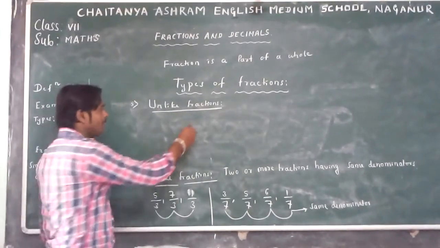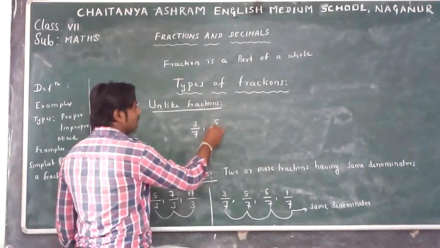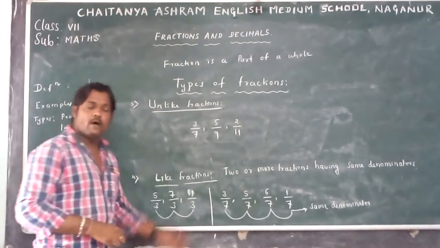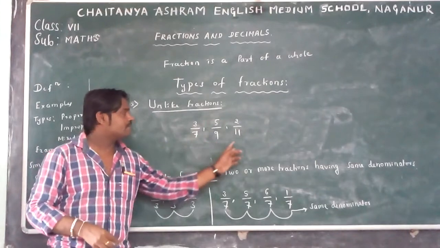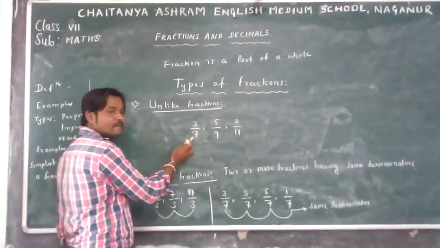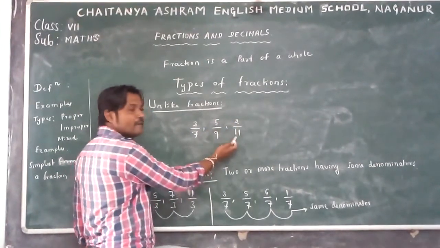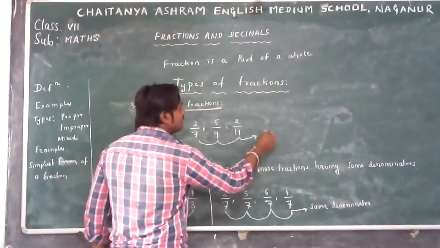For example, 3 by 7, 5 by 9, 2 by 11. Observe the three fractions, their denominators, they are different. This has a denominator 7, this fraction has a denominator 9, this fraction has a denominator 11. So these three fractions have different denominators.